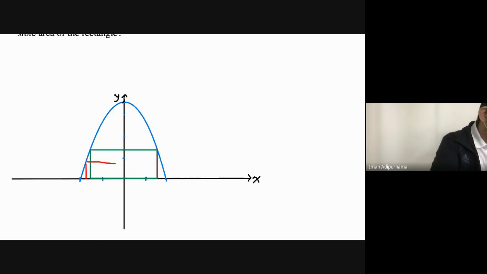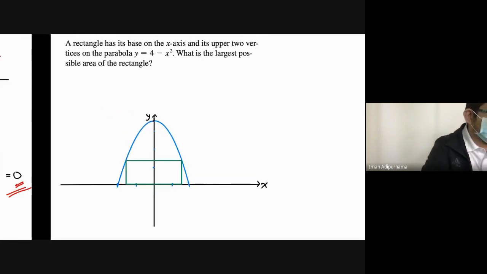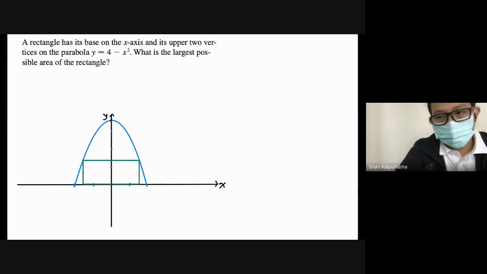There are several ways to draw the rectangle. We need to know what the dimensions are, the dimensions to make the area the largest area.